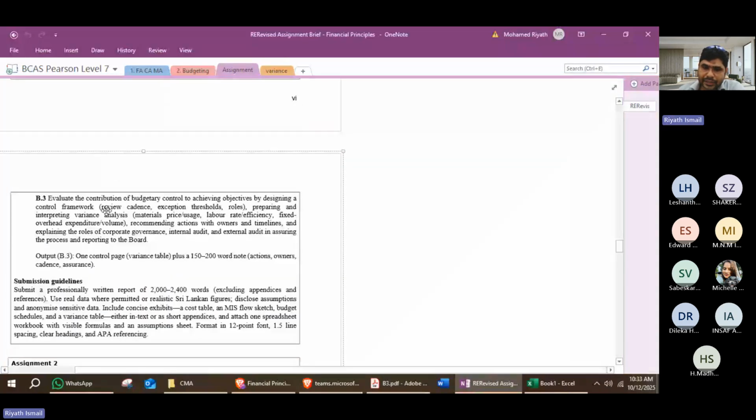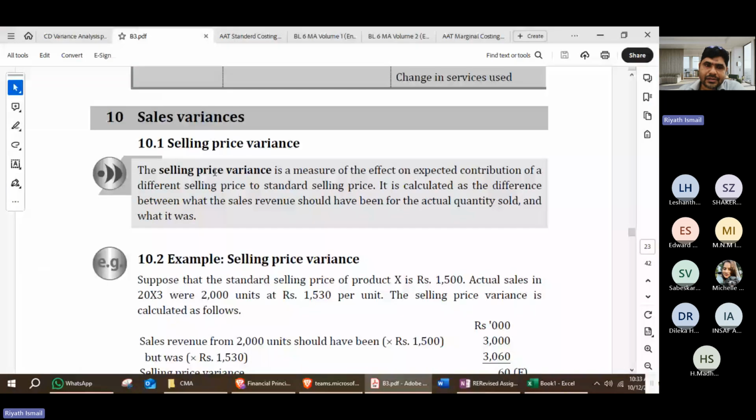But anyhow, to understand the usefulness of the variance, we should know, right? We have to start from the sales variance.